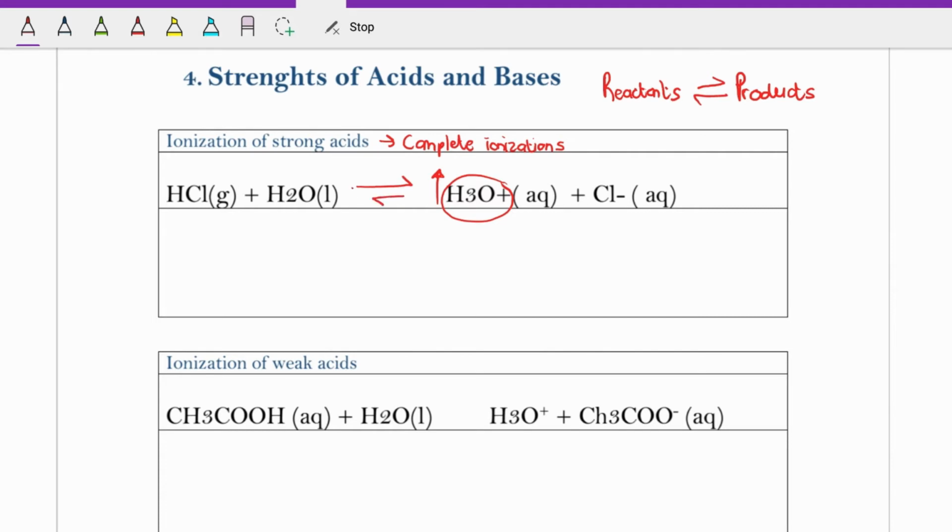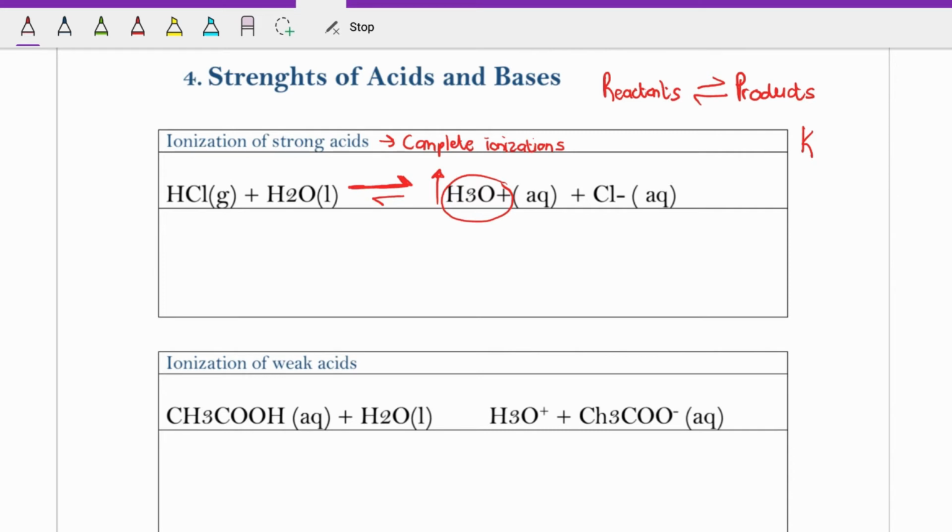So this will indicate that the reaction favors the forward reaction. So the equilibrium favors the forward reaction, and therefore you have more hydronium ions and more chloride ions than reactants.